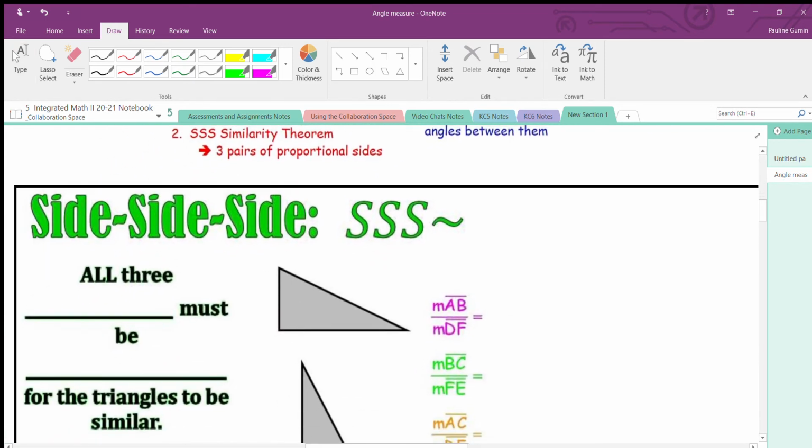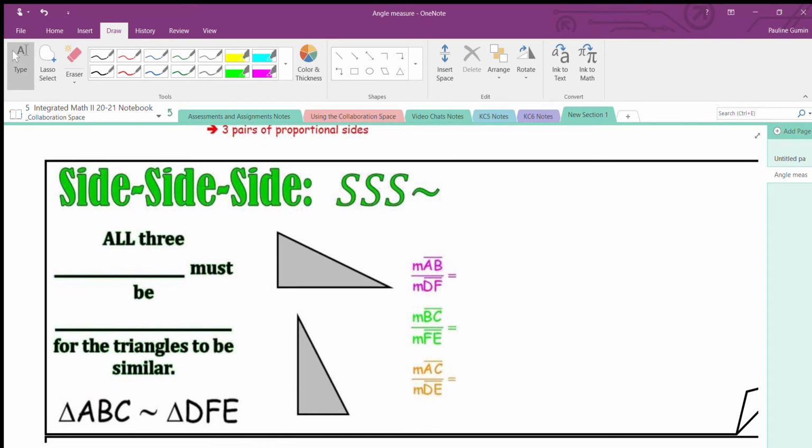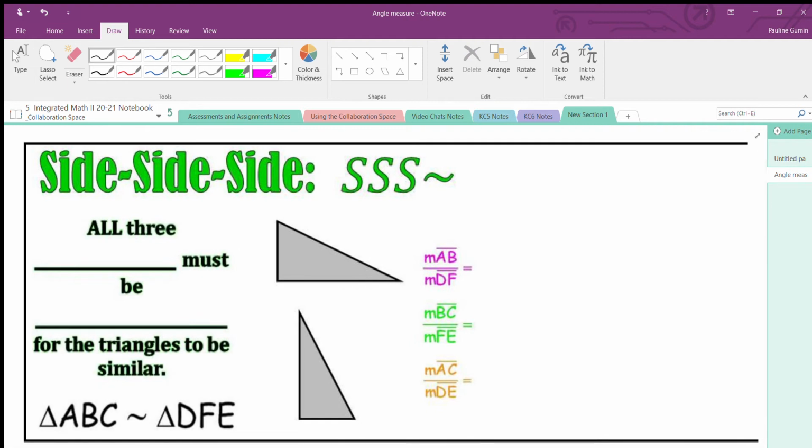Let's do some examples. All right, let's begin with side-side-side. It's one of my faves. All 3 sides must be proportional. Okay, now what does that mean? Let's make this A, B, C, D, E, F. Let's make AB 5.